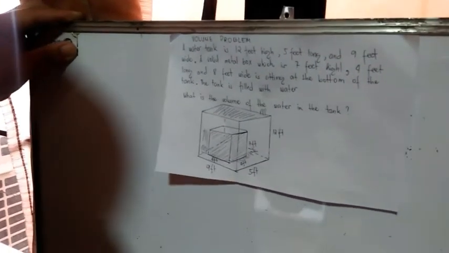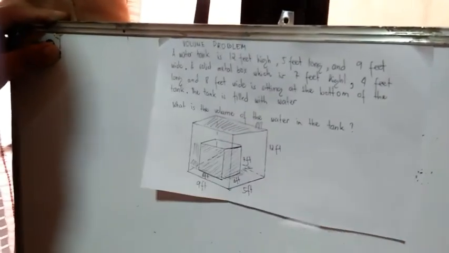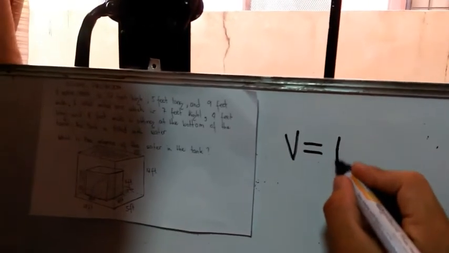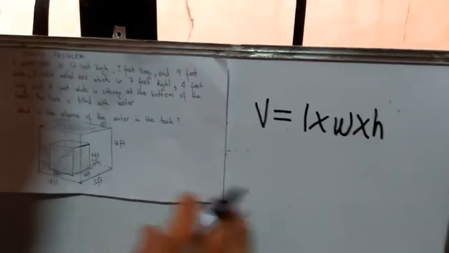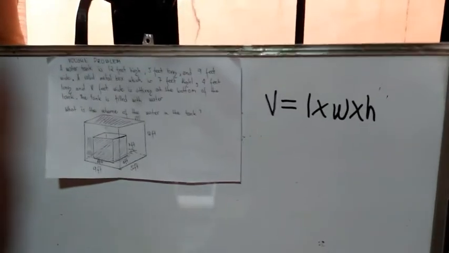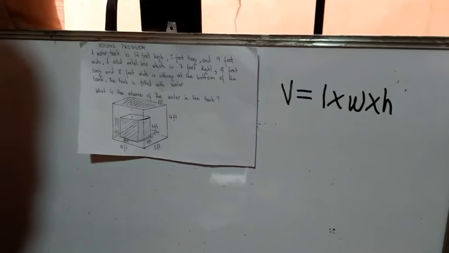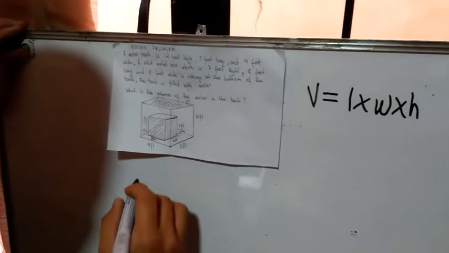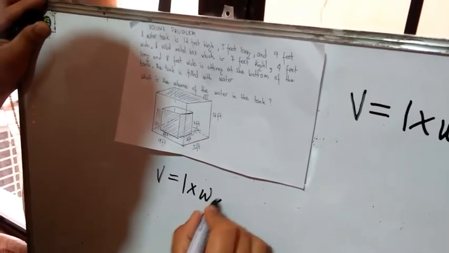To get the volume of the tank and the box, the formula that we can use is volume equals length times width times height. Since this tank is a rectangular prism, that's our formula. So let me first solve the tank. Volume equals length times width times height.